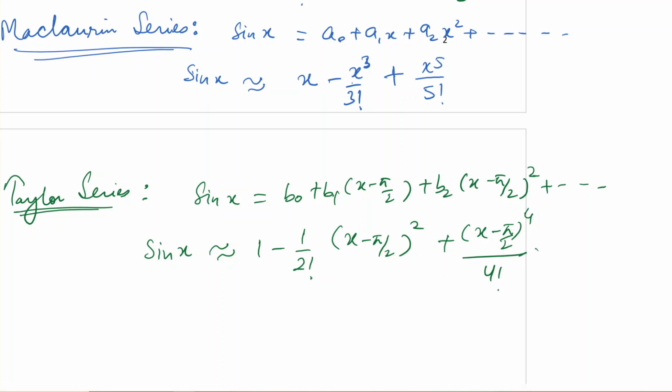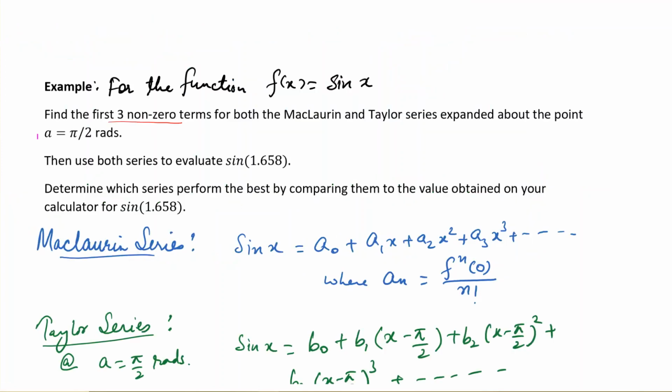So we found this Maclaurin and Taylor series, 3 terms for sine x for each of them. So now this part is done. Next we need to use both series to evaluate sine of 1.658. So let's plug in this value.